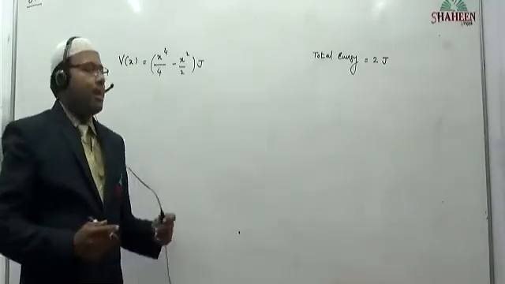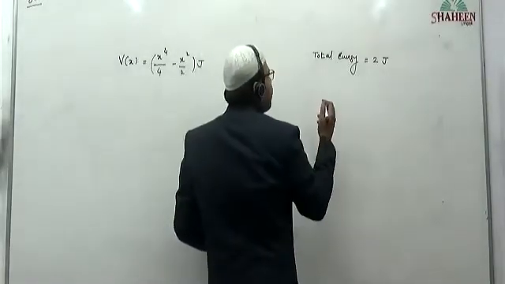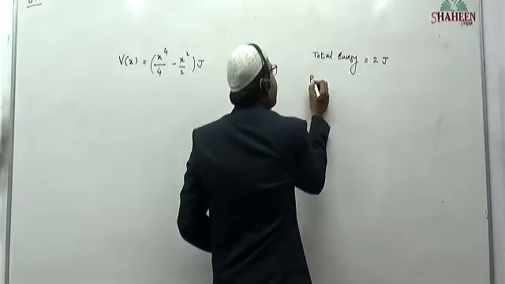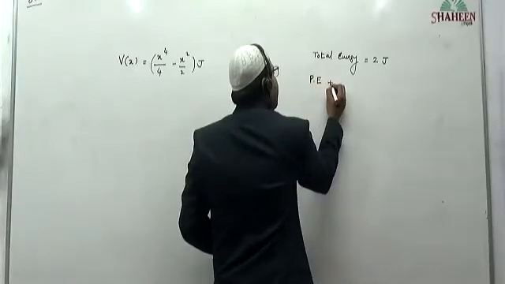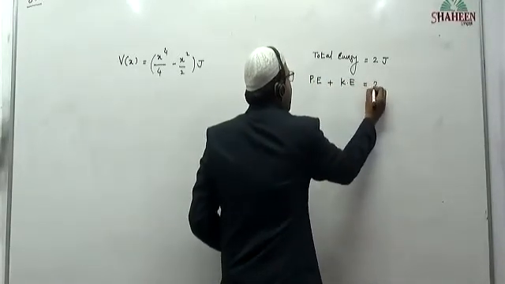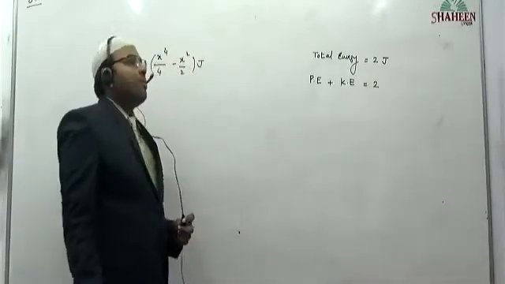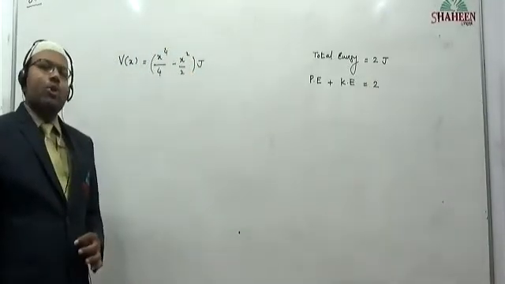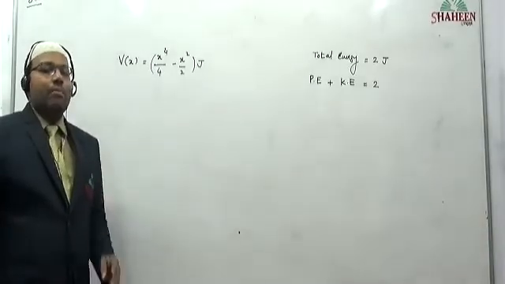So we will write here potential plus kinetic. Potential energy plus kinetic energy is equal to 2. But the question says we have to calculate the maximum speed.